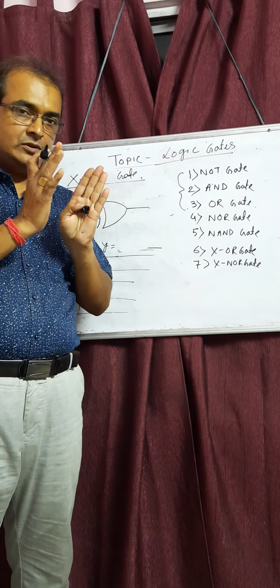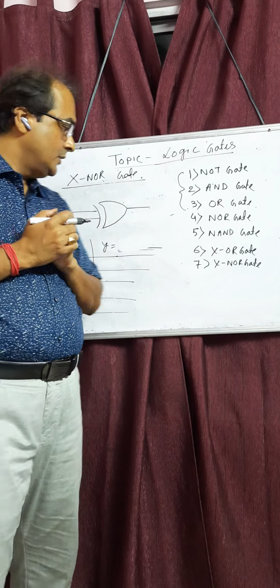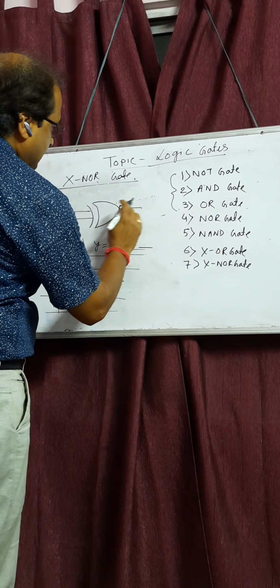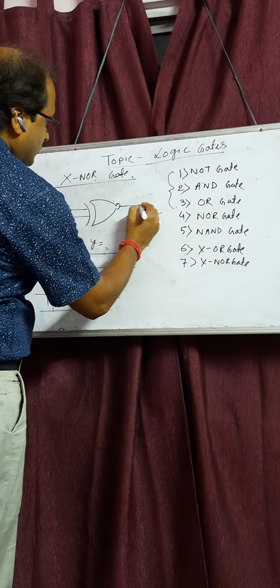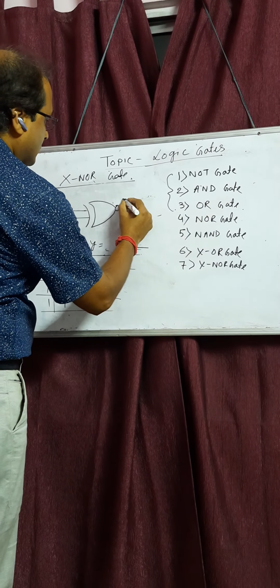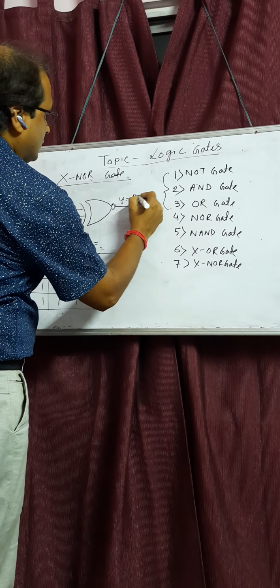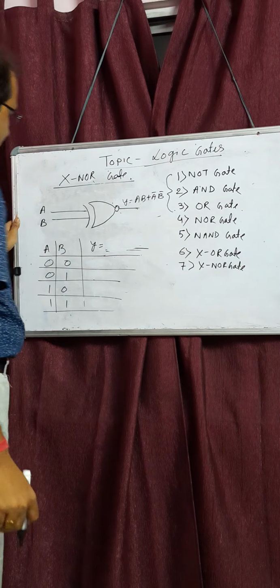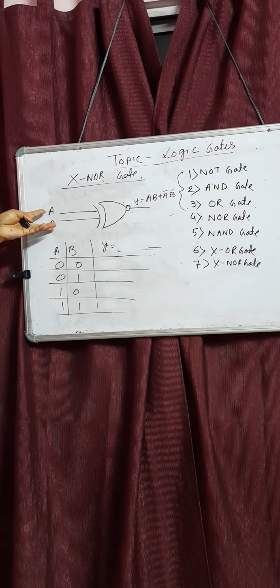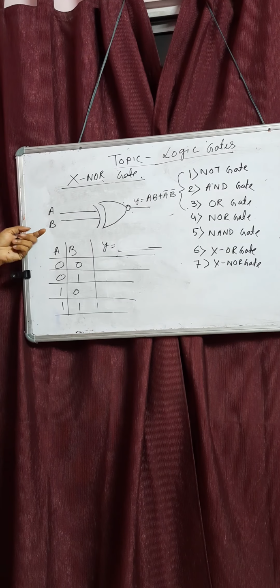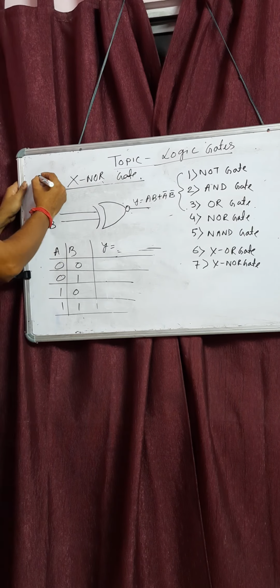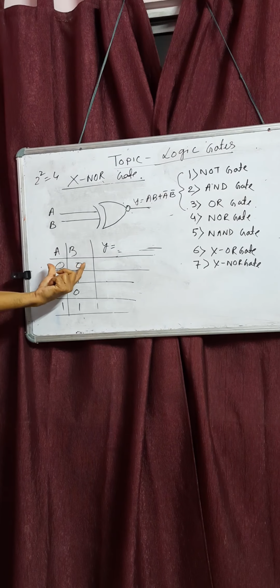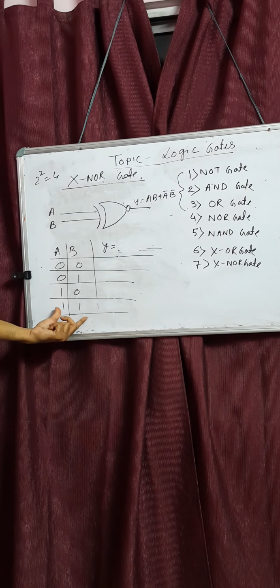That is XOR gate plus NOT gate. So see here, this is the logic symbol of your XNOR gate, and the output expression of this XNOR gate is AB plus A bar B bar. Inputs are two, A and B. So possible combinations again, 2 to the power 2, that is 4: 0 0, 0 1, 1 0 and 1 1.